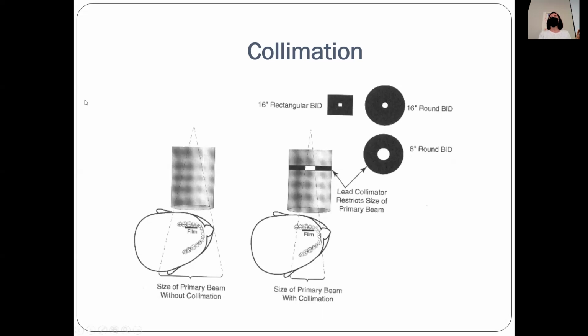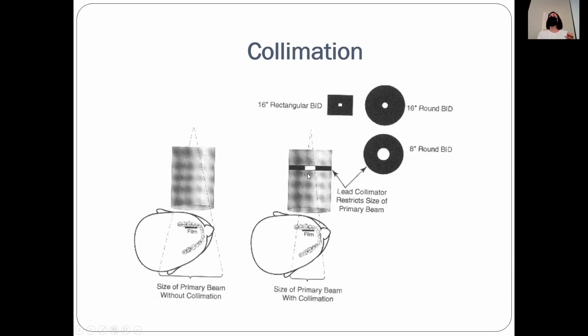If you had no collimator, our X-rays go in a straight line, but they fan out like we talked about. So you can see how much of the patient's face is being radiated. This triangle is very wide, from the tip of their nose to past their ear.